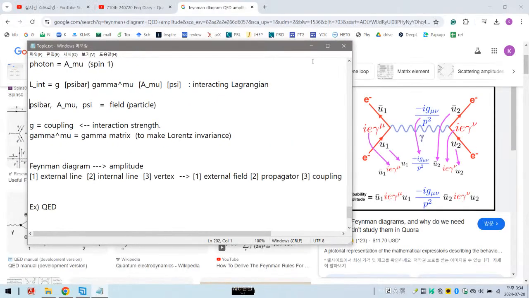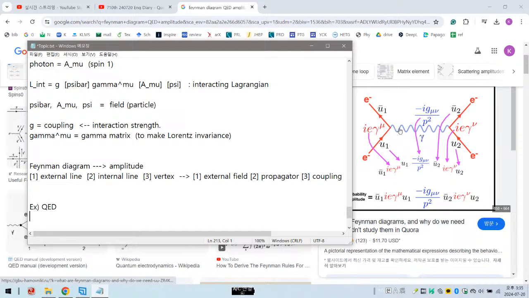They draw the Feynman diagram here, and the red lines correspond to the external lines, and the external lines give the spinor contribution. For example, u1 is an ingoing particle, with the time direction from down to up, so it gives u1, and u1 bar is an outgoing particle, so it gives this contribution.